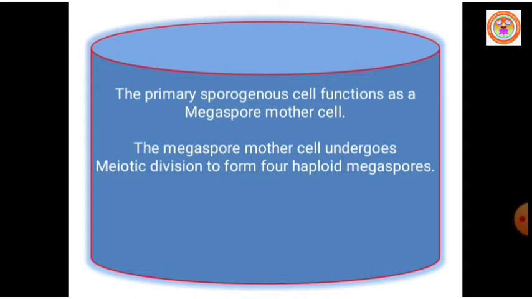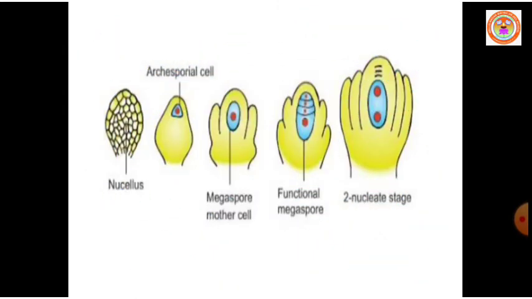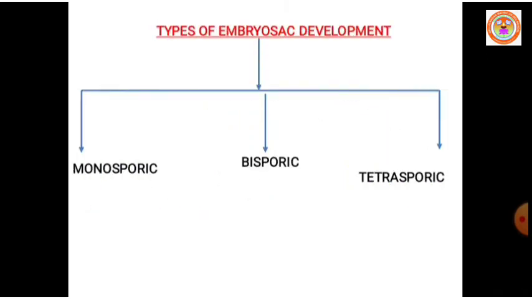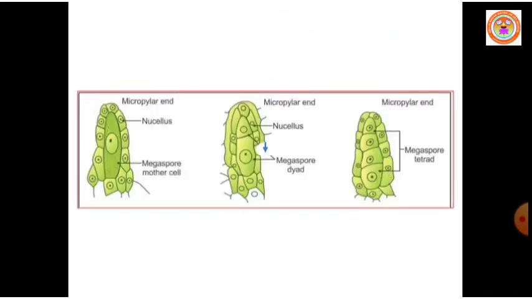Based on the number of megaspores that develop in the embryo sac, there are 3 basic types of embryo sac development observed. They are monosporic embryo sac, bisporic embryo sac, and tetrasporic embryo sac. See this picture.